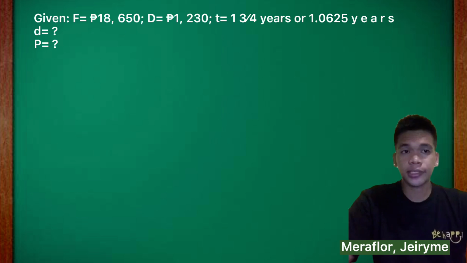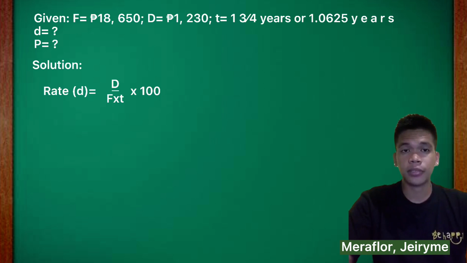I'm going to discuss the solution of this problem. First, we are looking for the discount rate. The formula for the rate is bank discount over final amount times term of discount, times 100.